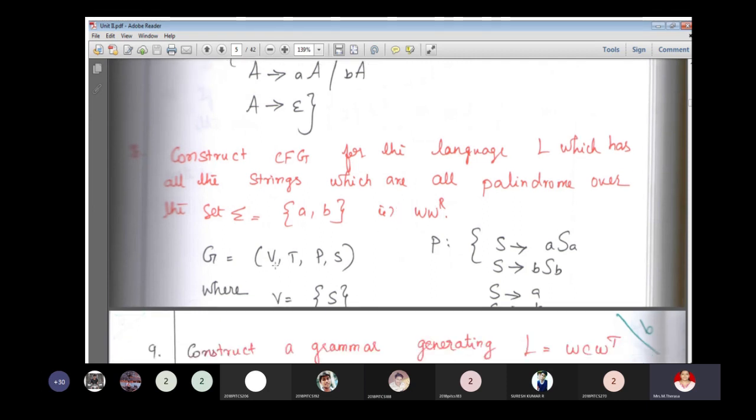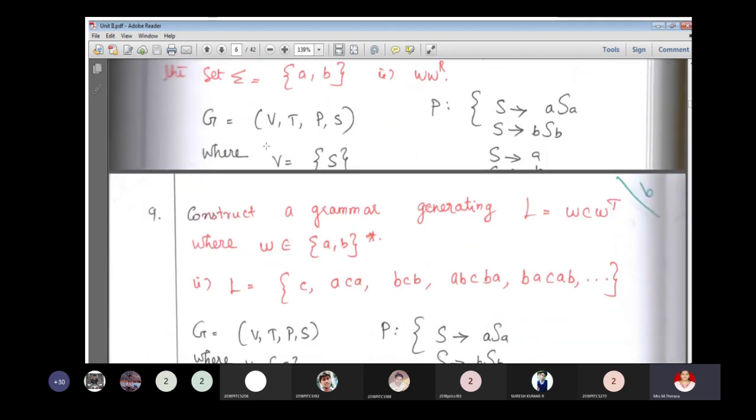G is equal to (V, T, P, S), where V is {S}, and P is S goes to aSa, S goes to bSb, S goes to a, S goes to b. This is the grammar which can produce palindromes of odd length. Similarly, you can also write a grammar which can produce palindromes of even length and both.